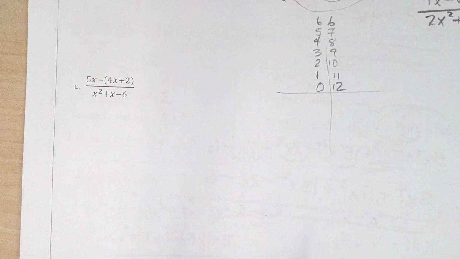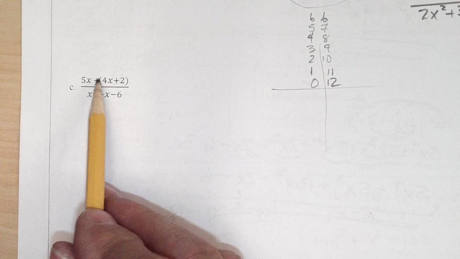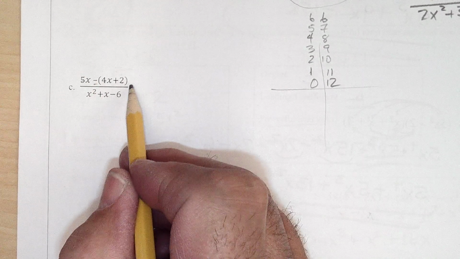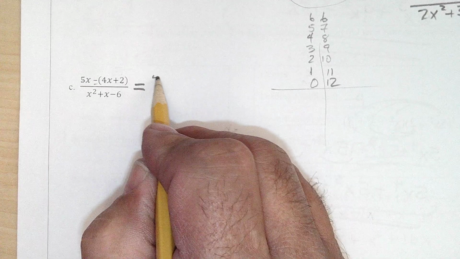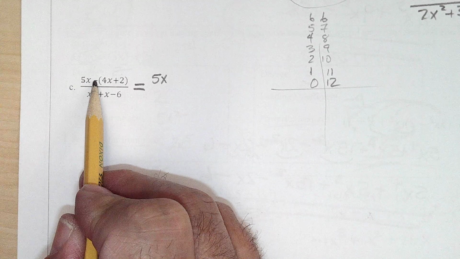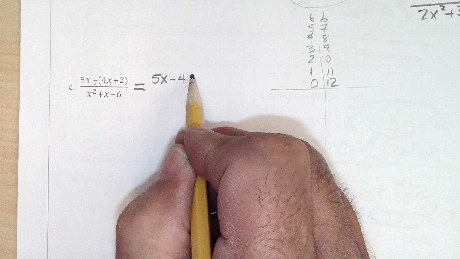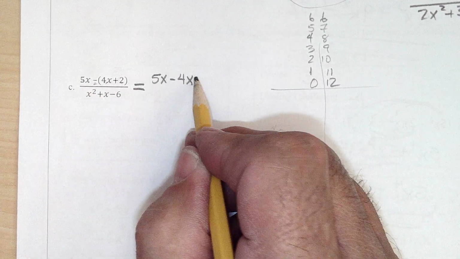Now here, this says subtract, and some people said, no, I'm going to multiply it. No, it says subtract. It's 5x, and just like problem one, or one of the problems, we got a minus, we got to subtract this, and we got to subtract that.